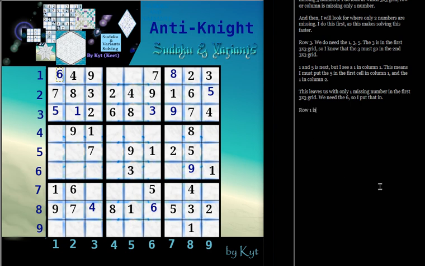Now row 1 is missing a 1 and 5. I look down column 4 and do not find a 1 or a 5. I then look at column 5 and see the 1.